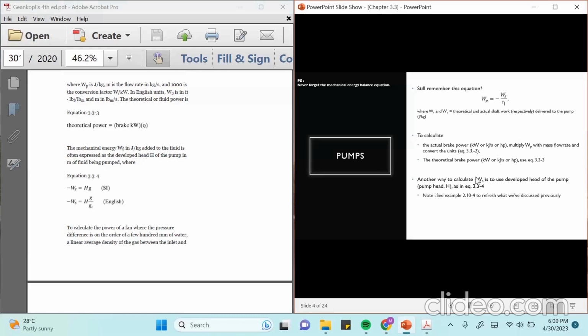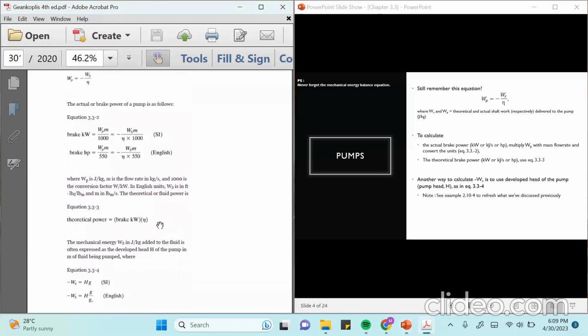Then you calculate the minus WS first, and then use this equation to know the brake power. Or if we know the brake power and want to know the head of the pump, we use this equation to find the minus WS, then use this equation to find the pump head.